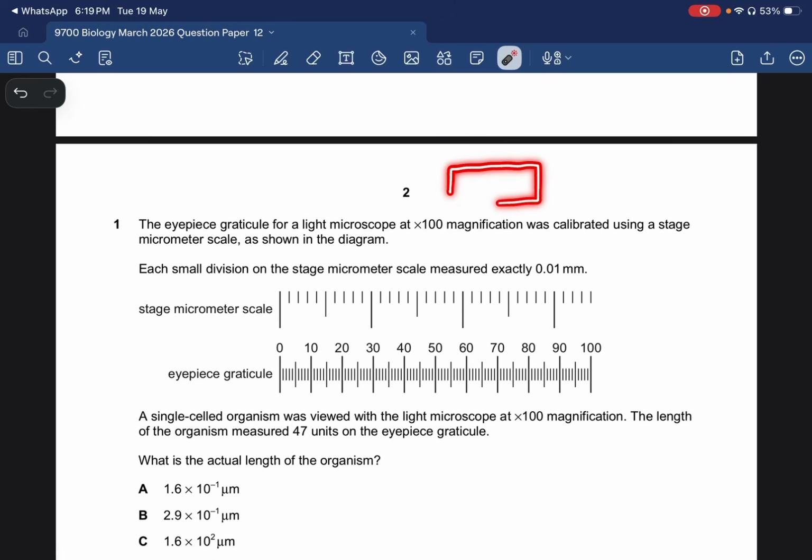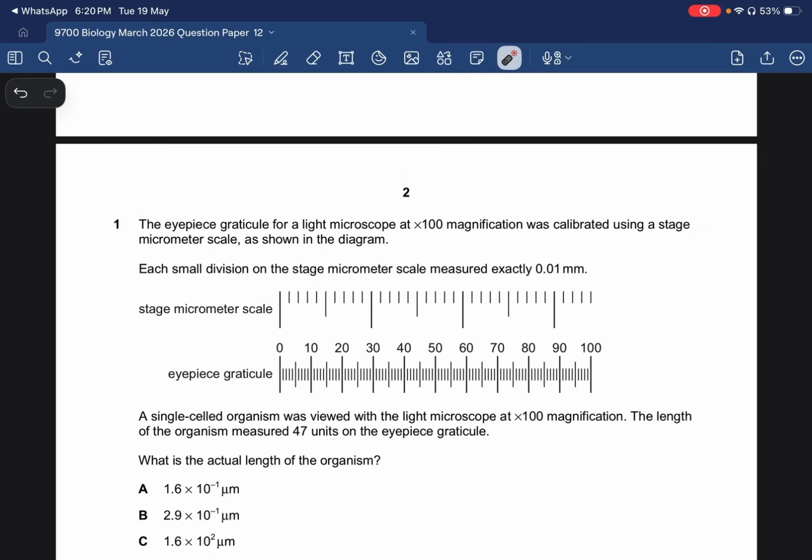This glass slide normally contains, let's say, a dicot stem or a monocot stem or anything which you have to analyze and draw. There are some special glass slides which have scales printed on them, and these are the stage micrometers.